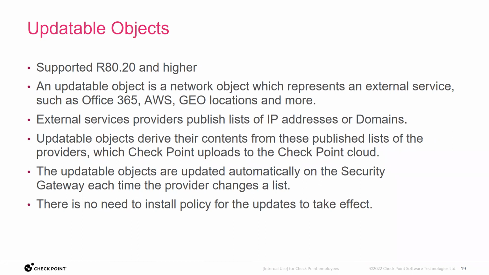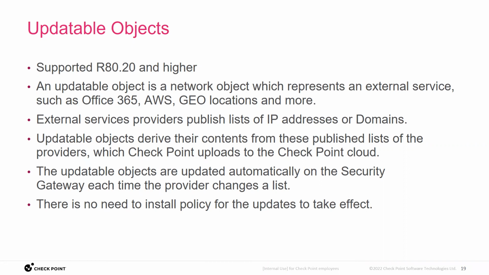This listing was supported in R80.20, so if you're running R80.20 or above, you'll have access to updatable objects. If you have not looked at updatable objects, I highly recommend looking at them today and seeing how you can use not only the geolocations, but all the other external services within them.